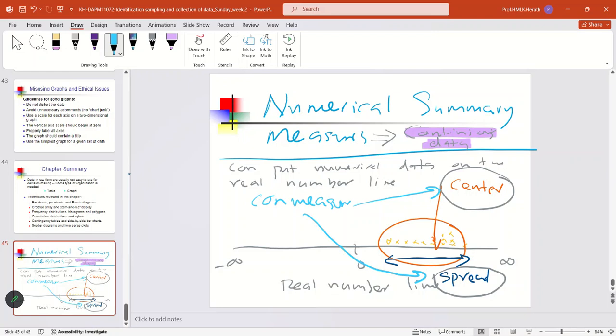By looking at the measures of center and the spread of the data, you can talk about the whole data set without taking individual data points into consideration. So this is the way we summarize data. The measurements of center and the spreads are the numerical summary measures.